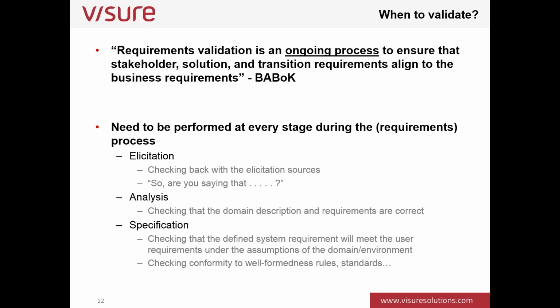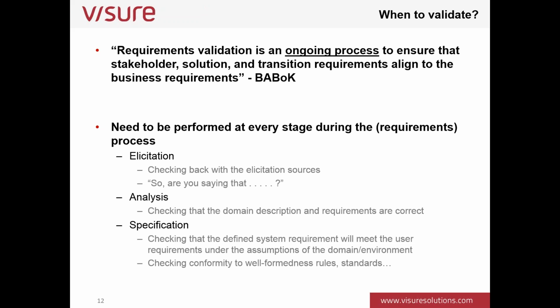We have to check back and get feedback from them, checking that we properly understand what they are asking for. When they explain something about the system they want, we have to check with them: so what you are saying is that what you want to do is this, or the system you need is going to do this or that? Yes, that's right. Or no, it's not right. So we are validating when we are gathering the requirements.